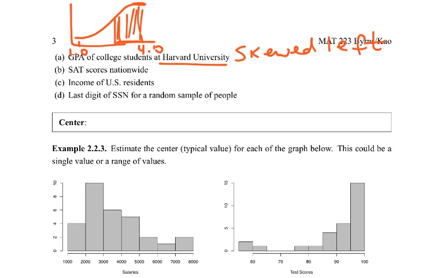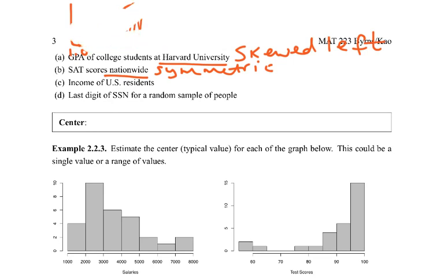SAT scores, Part B. SAT scores nationwide. The SAT is a standardized test. Standardized tests generally have some students who score really poorly, some students who score really high, but the bulk of students are somewhere in the middle. So almost every time you see a question about a standardized test, the distribution is going to be roughly symmetric, because most students are going to score somewhere in the middle.